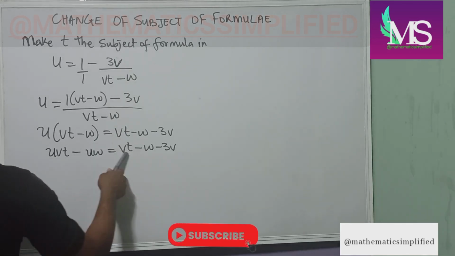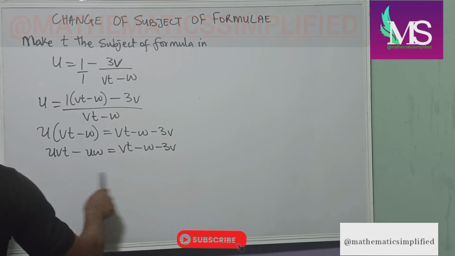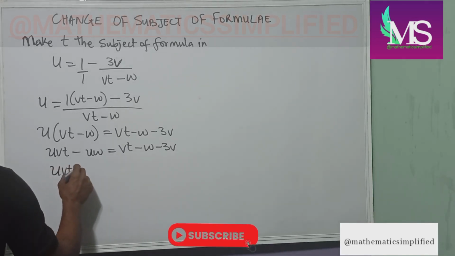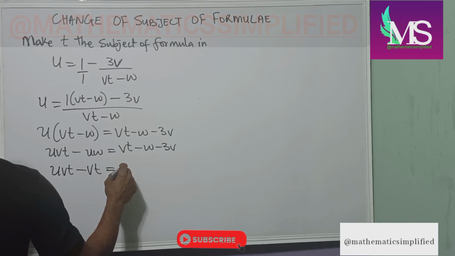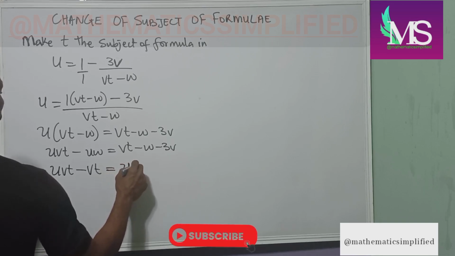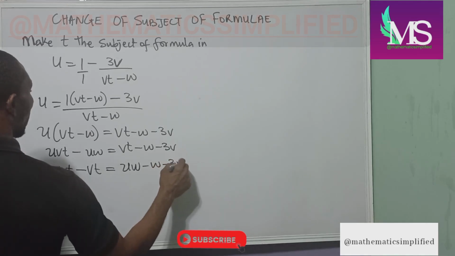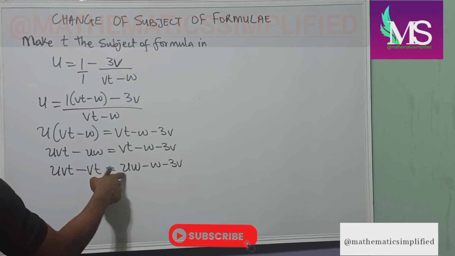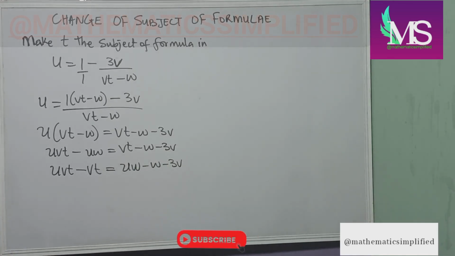We have t, we have w, so move this over to this side and move this over to this side. So from here we have uvt minus vt equals uw minus w minus 3v. Negative going over becomes positive. That's why I have it as uw minus w minus 3v.